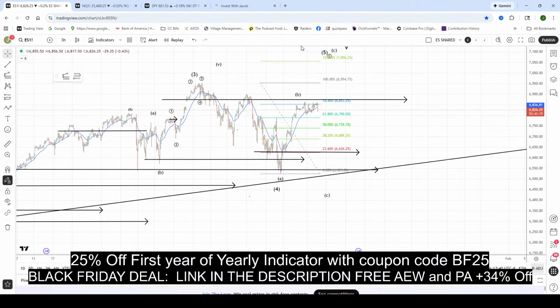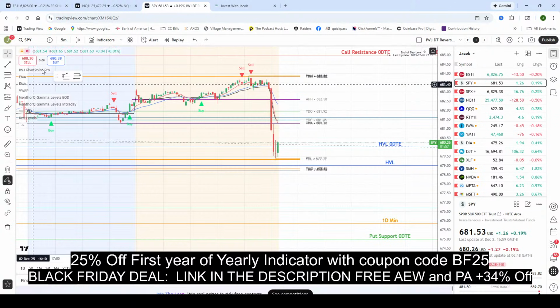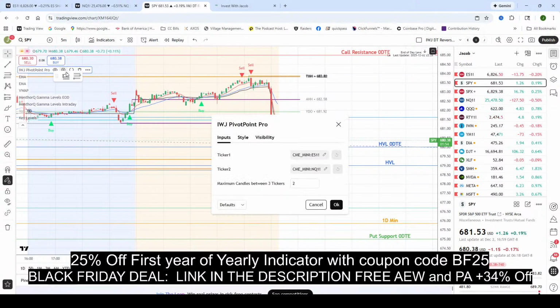And that's a really important factor because, again, most indicators look at like 1 to 3 things. They don't really calculate a whole bunch of information. We're looking at the ES, the NQ, and the SPY all at the same time when you're trading in that box. So if you're trading one of those 3 things, you should have the other 2 set to the other 2 things. And what I mean by that is if you go over here and you look at IWJ Pivot Point Pro settings, ticker 1 is set to ES and ticker 2 is set to NQ because we are on the SPY.